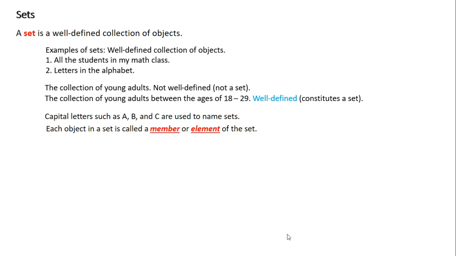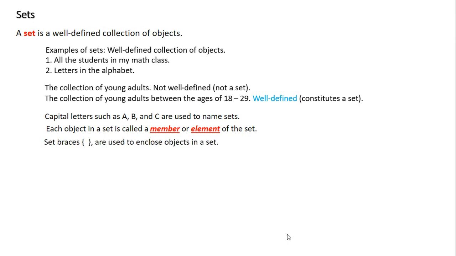If I go back to the collection of young adults between ages 18 and 29, all the young adults within this age group are called the members or the elements in this set. It's everything that's part of the set.